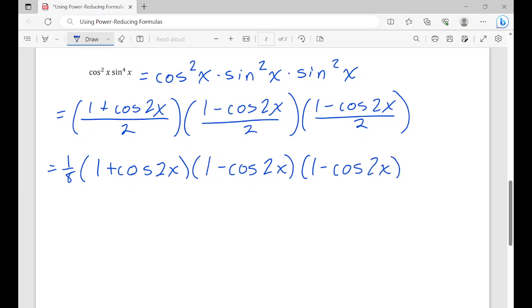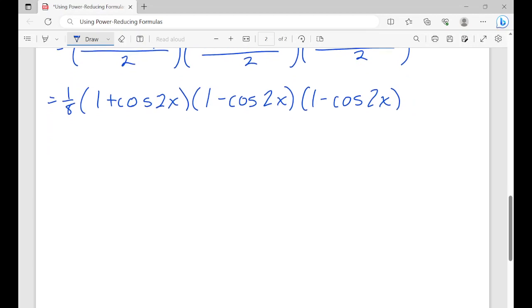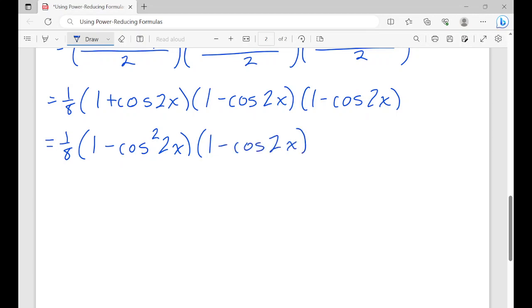And now I'm going to distribute, and I'm going to do these two here. Since this is the difference of squares, it makes it a little bit easier to multiply together. And when I do that, I'm going to end up with 1 minus cosine squared 2x, 1 minus cosine 2x.